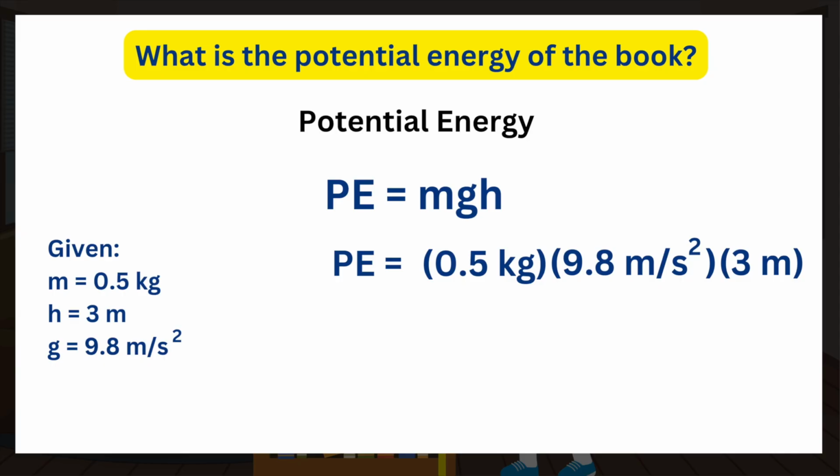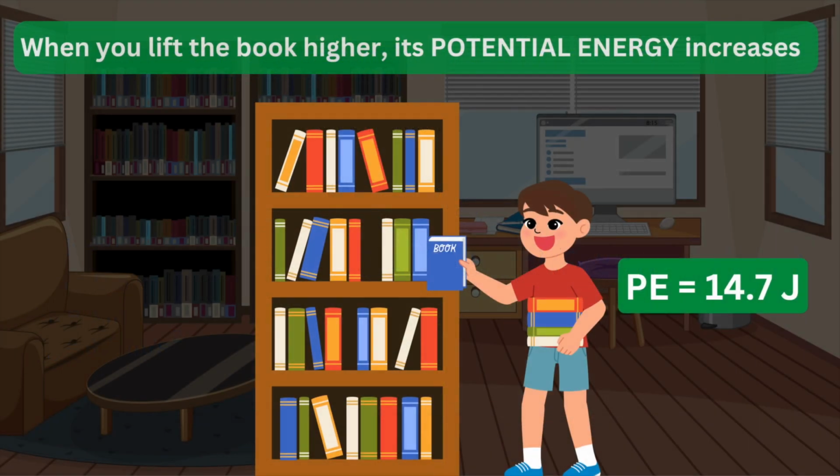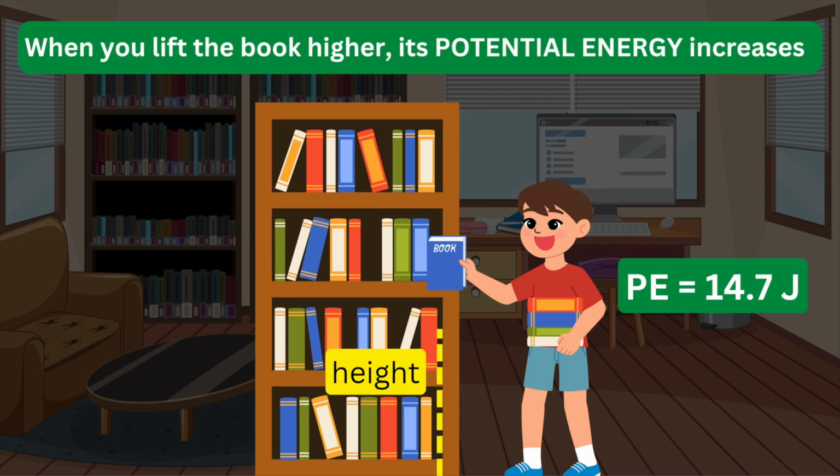And what's the potential energy of the book? That's right, it is 14.7 joules. So the book stores 14.7 joules of potential energy at a height of 3 meters. If it were to fall, that stored energy would be converted back to kinetic energy as it drops.